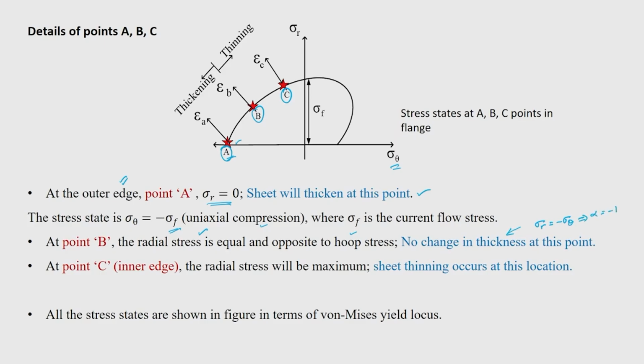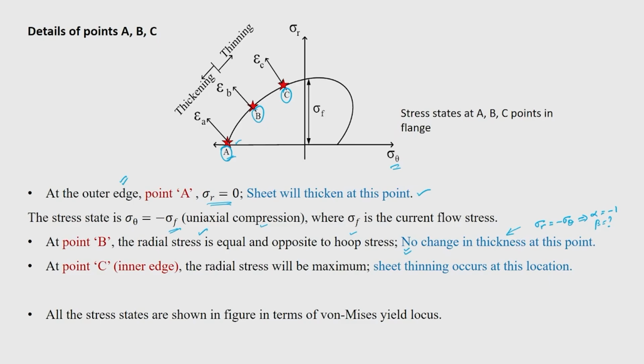If alpha is minus 1, you can get a beta from the Levy-Mises flow rule, and you will find that in this particular mode of deformation there is no change in thickness at this point.